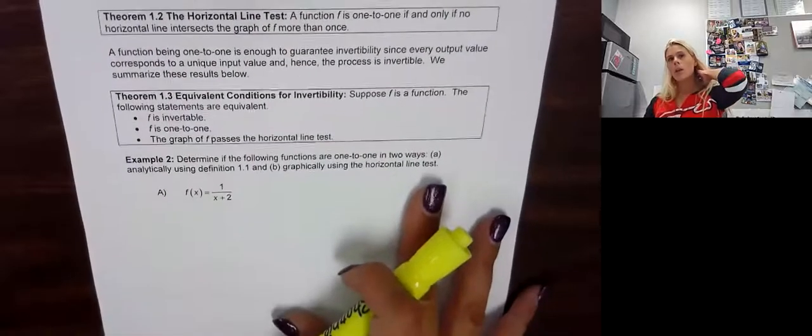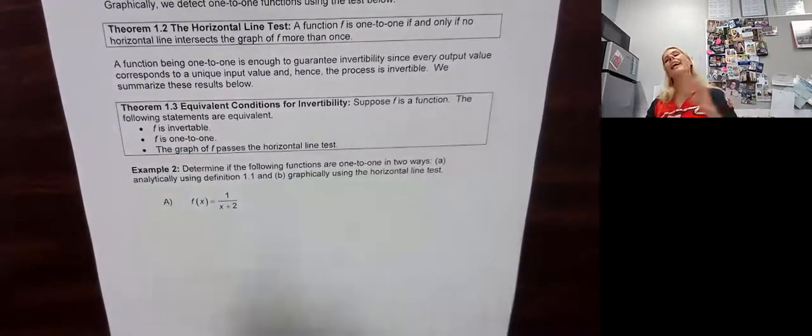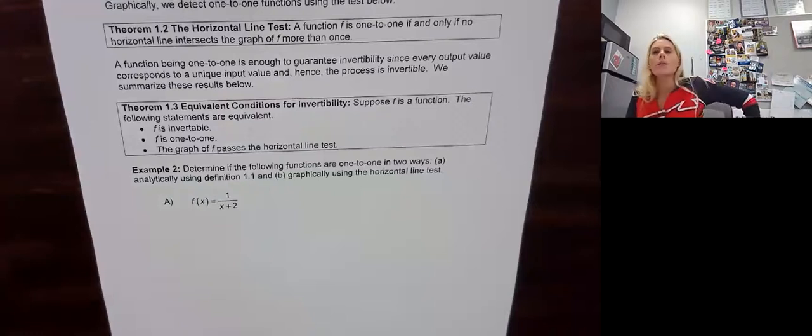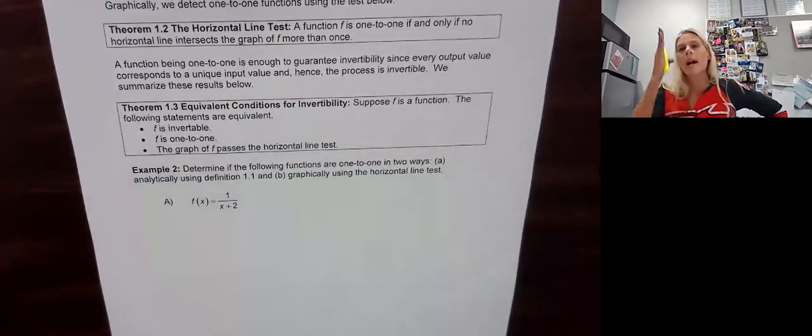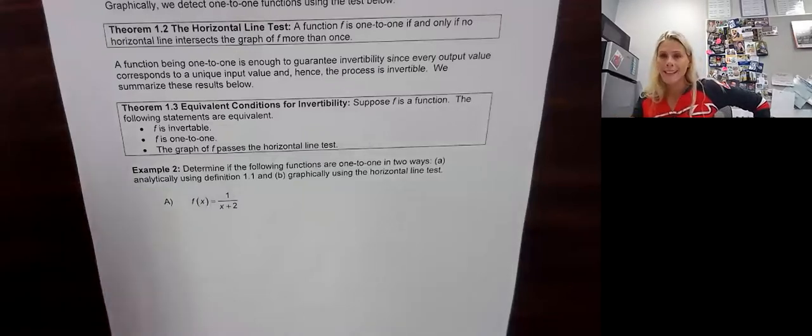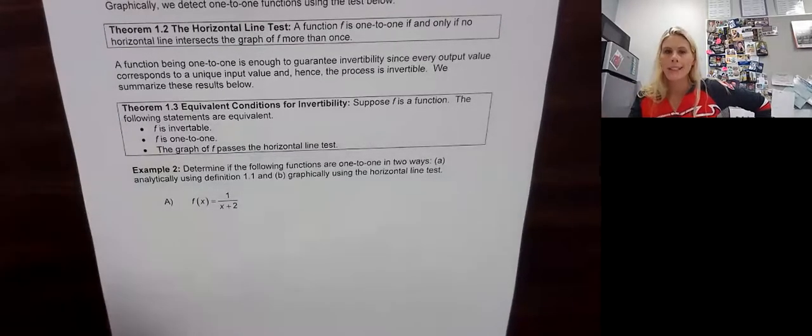So the way that we can do and test for one-to-one is graphically. We can do this with the horizontal line test. So, of course, if we have a graph and it passes the vertical line test, we know that function is a function, or that graph is a function. If we do the horizontal line test, that means its inverse is also a function.